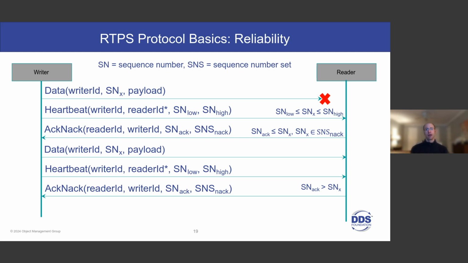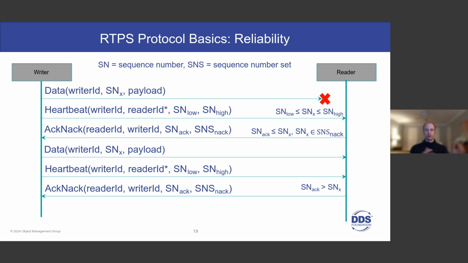Another big feature of DDS is durability, which allows you to replay data that was previously sent. In this particular case, you can think of it almost like the reader wasn't around to hear all of the original data. So it can receive a heartbeat and understand what data is available.